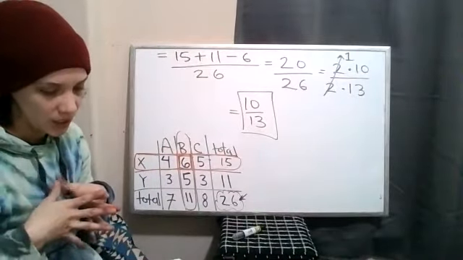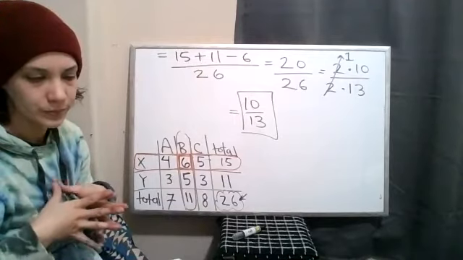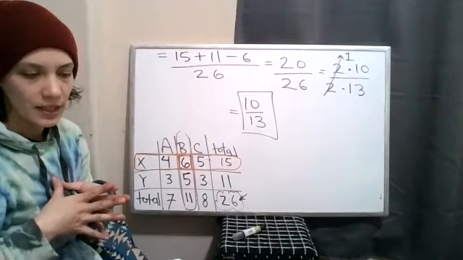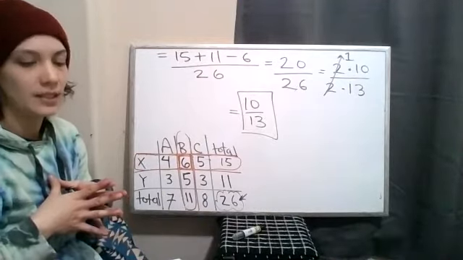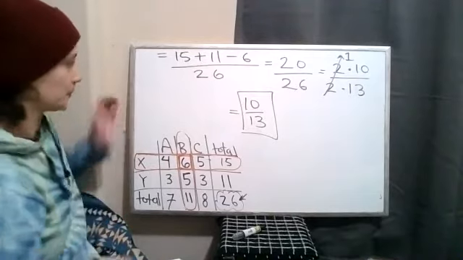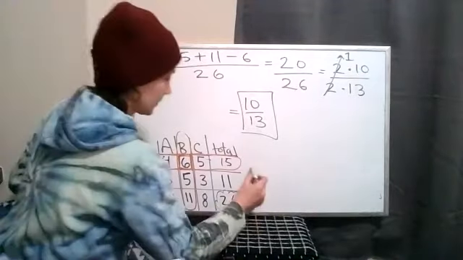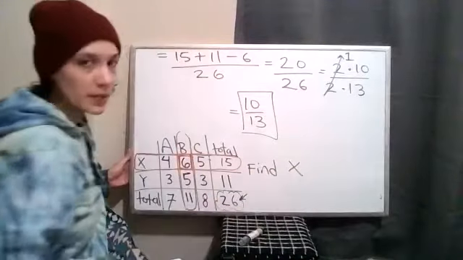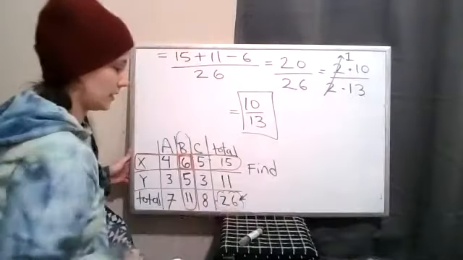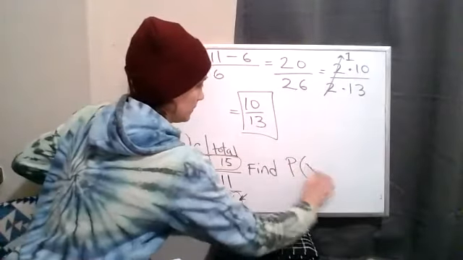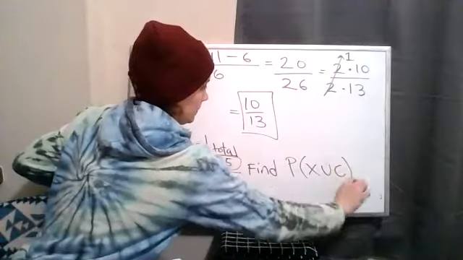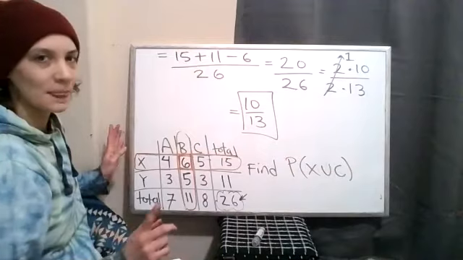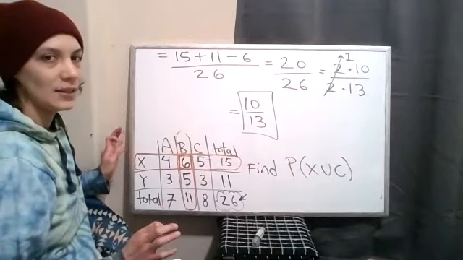Let's try something like X union C. The probability of X union C. And I think we're ready.